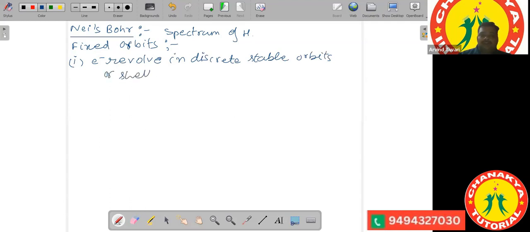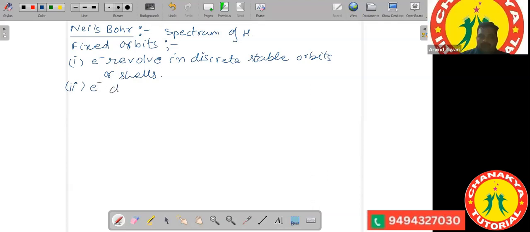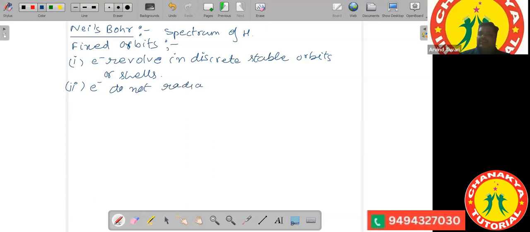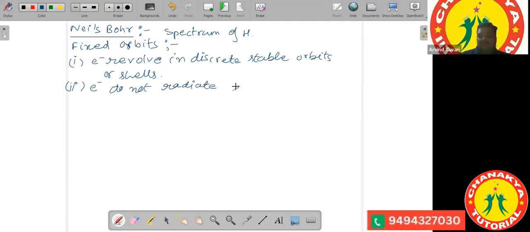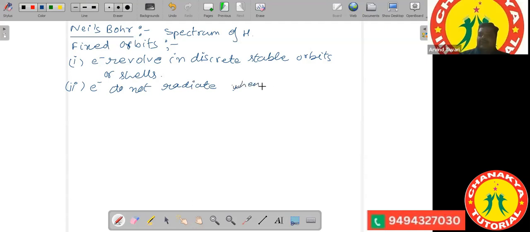Very good. So what was the second point? They do not radiate energy. Okay. So they do not radiate energy when in their orbits. When they are in their orbits, they do not radiate energy.